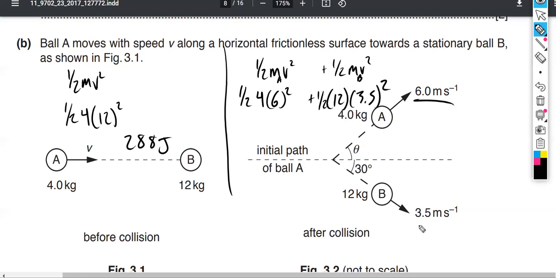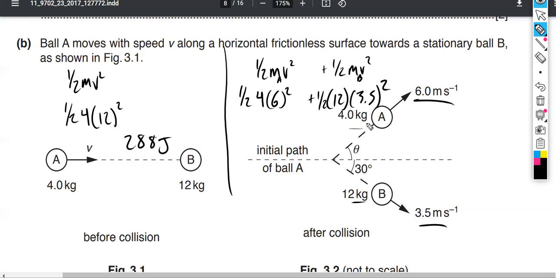The velocities were given, the masses were given. You have everything you need to do that last part without knowing theta, or even calculating V, because they give you that it's 12. So those last couple of marks are within reach, even if you were stuck on some of the first parts. Keep that in mind too.